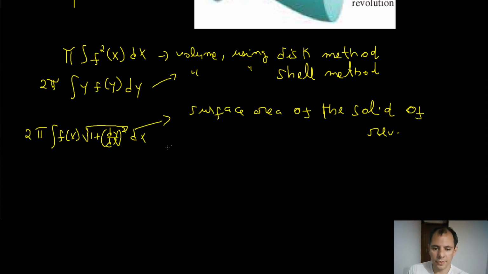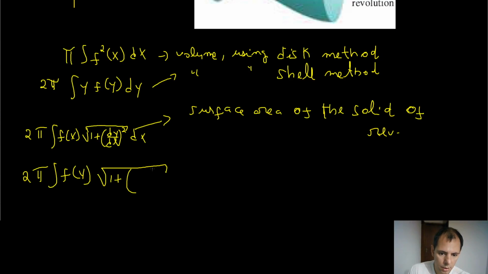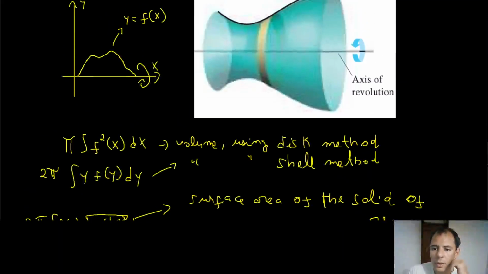And if it's x as a function of y, then it's the analogous thing. It'll be 2 pi times f of y times the square root of 1 plus dx/dy squared dy, if the surface of revolution is around the y-axis.